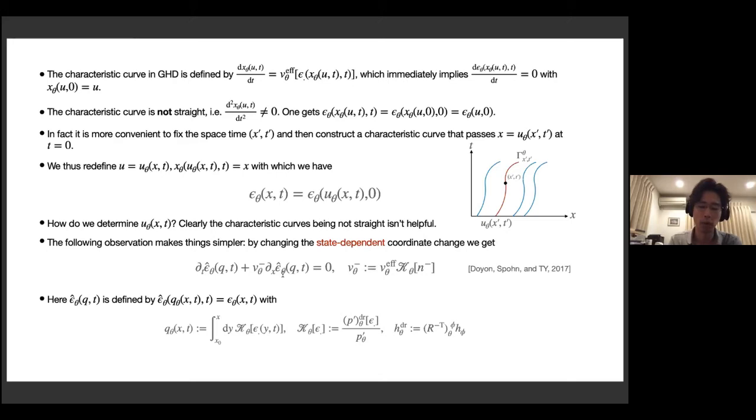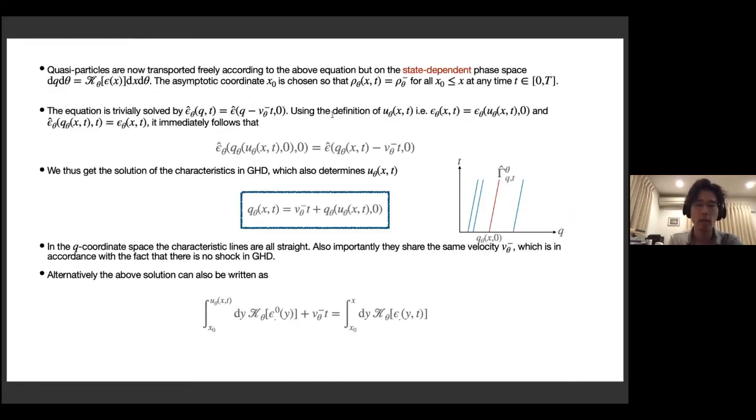So because the particles are now transported according to this new transport equation, GHD equation, freely, but not on the same space-time coordinate as before, but now with the state-dependent phase space equipped with this kind of metric.